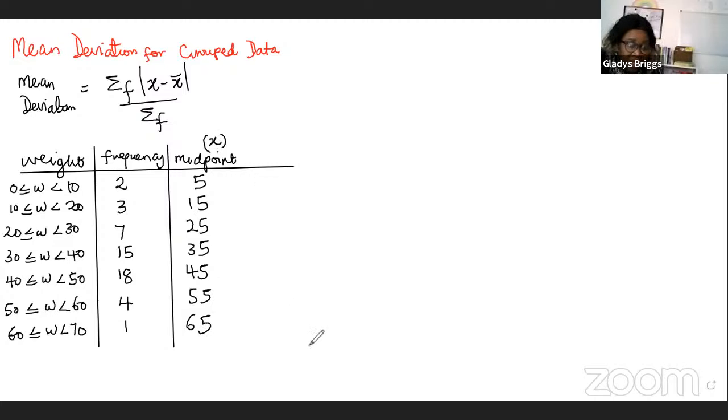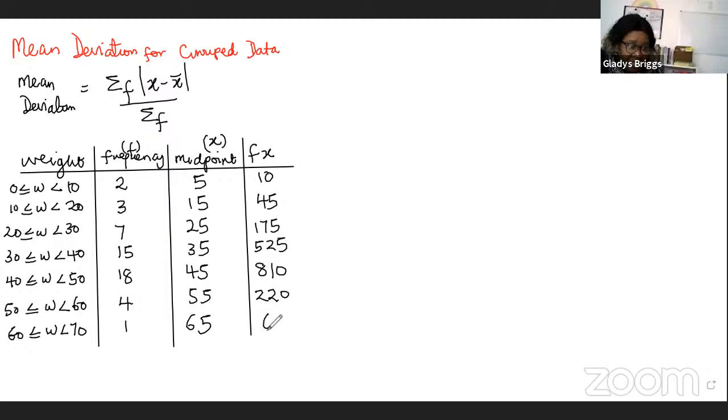Now you're going to work out F times X, the frequency, we call it F. 2 times 5 is 10. 3 times 15 is 45. 7 times 25 is 175. 15 times 35 is 525. 18 times 45 is 810. 4 times 55 is 220.